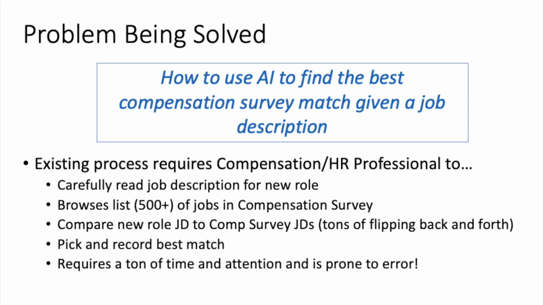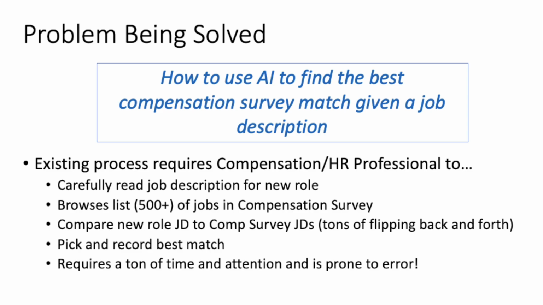And the task for the comp or HR professional is to match that job description to the best, closest fitting job on a compensation survey. And the reason you do this is you want to see what the market salary information is for a given job. So when you have to publish a range, when you post a job publicly, you will be able to determine the appropriate market pay rates.